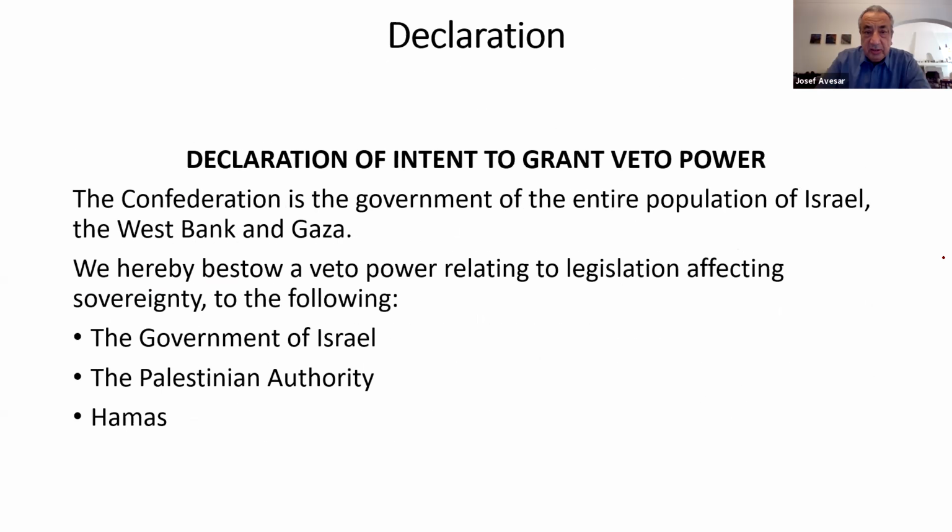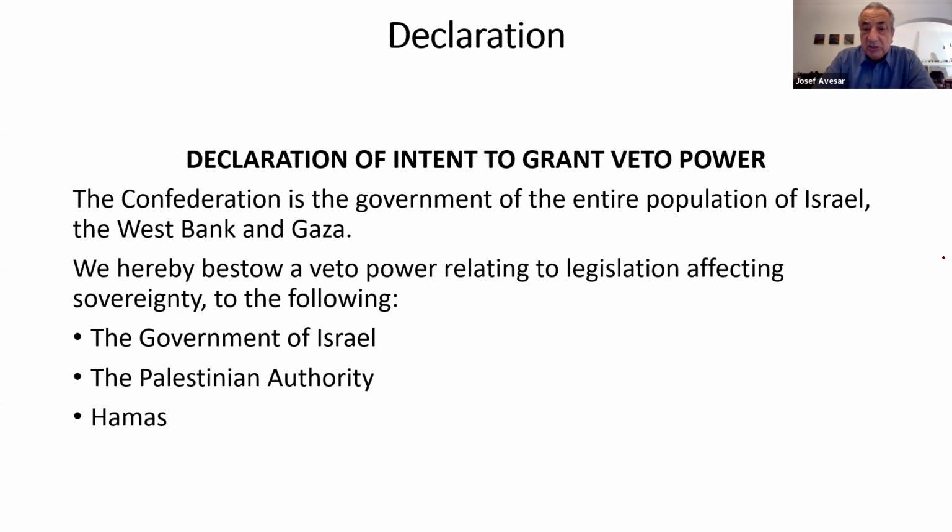So let's try to pass legislation now to give them a veto power over our legislation. And hopefully that would assure them that they have a very strong safety valve. So this is the declaration of intent to grant a veto power.